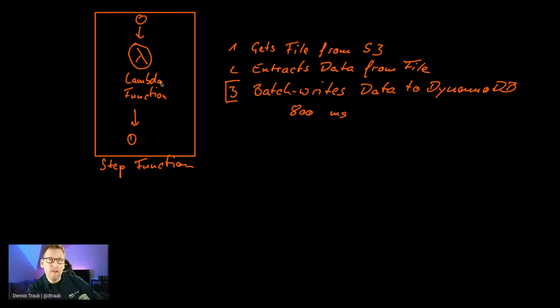And one thing that you can do inside of step function is directly use the API for many services, including Dynamodb. So what if we have the Lambda function do this and have the state machine take care of writing the data into Dynamodb?